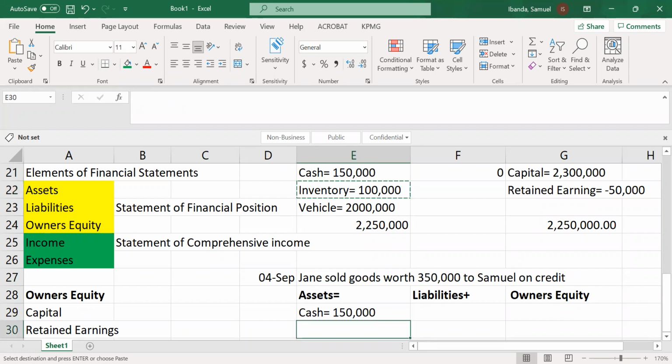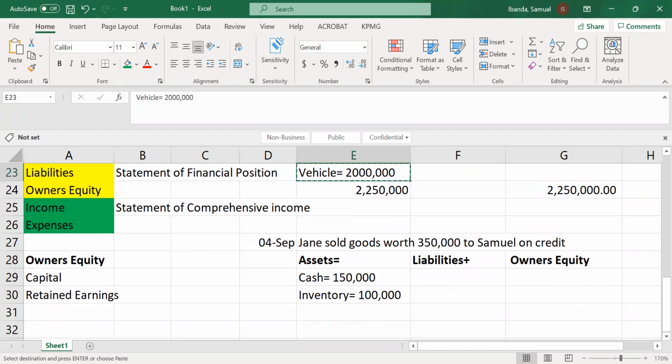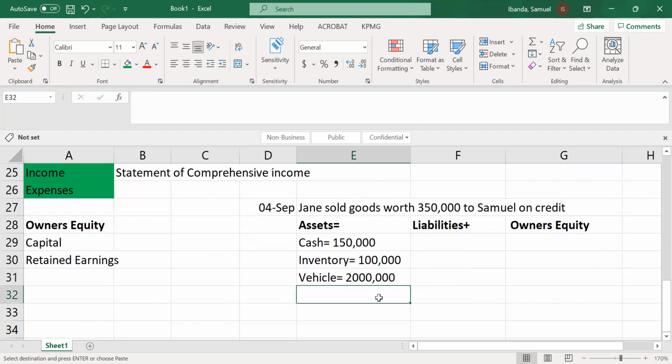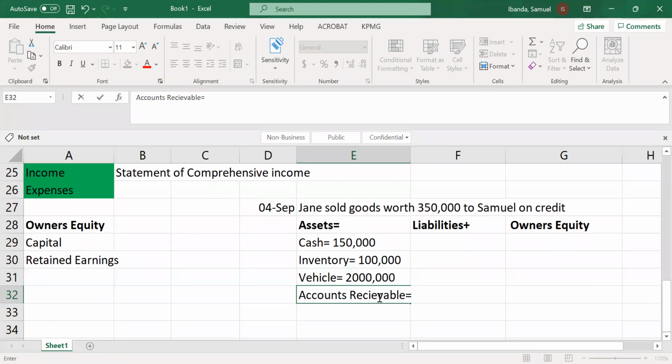So we assume that this remains the same. The vehicle, is it affected? No, it remained the same. What new asset has come in? It's accounts receivable. The new asset that has come in is called accounts receivable. And how much is this? It's 350,000.